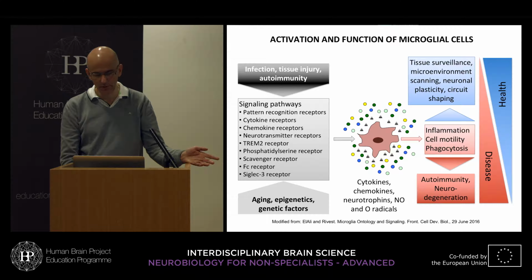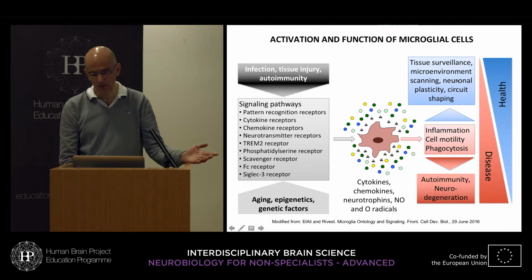chemokines, neurotrophins, NO and oxygen radicals, all of them mediating the key biological functions of microglial cells, which are inflammation, cell motility, and phagocytosis. And in a healthy situation, this leads to tissue surveillance, microenvironment scanning, neuronal plasticity, and circuit shaping.